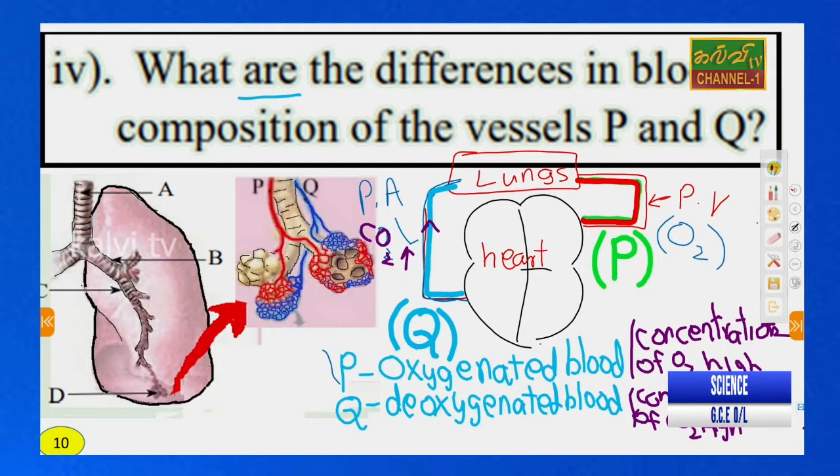Then oxygen is very high here. What are the differences they are asking? You can divide the two like this table, put P and Q, write first point: oxygenated blood and deoxygenated blood. Second point: the concentration of oxygen is very high, and the concentration of carbon dioxide is very high. Okay, we will move to the next slide.